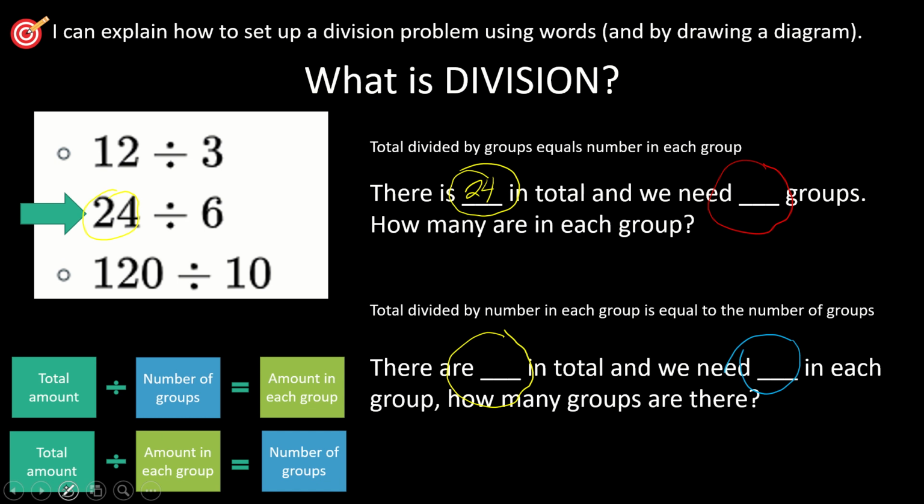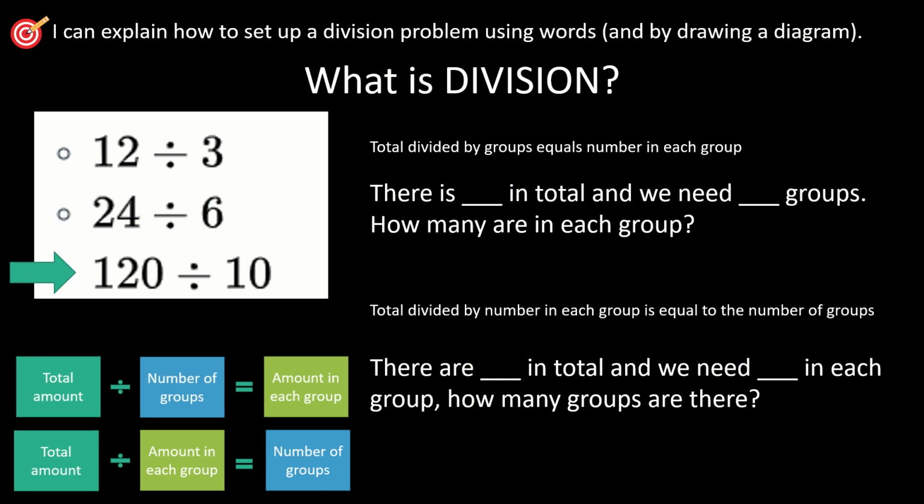Okay, and then we said that there are 6 groups because there's 6 here. But then we could also say, well, there's 24 in total, and we want 6 in each group. So then we're trying to figure out how many groups there would be.